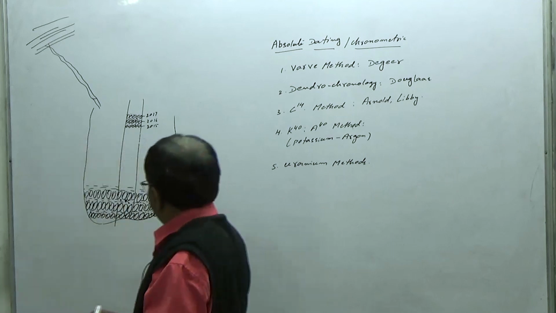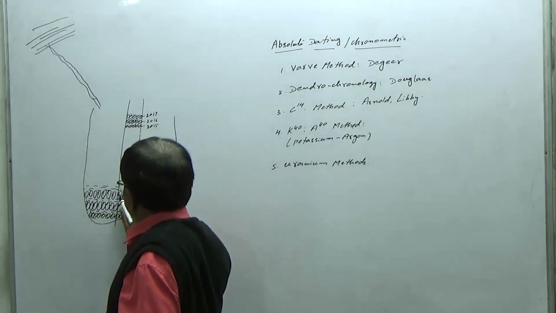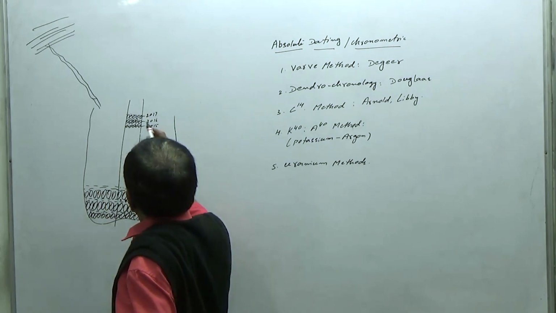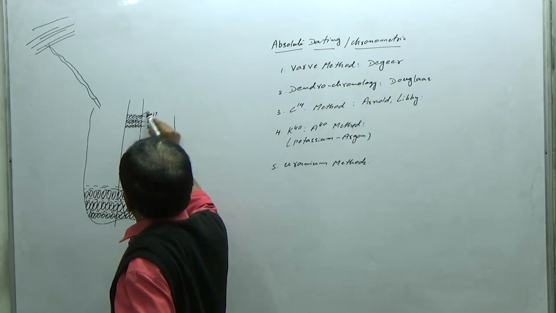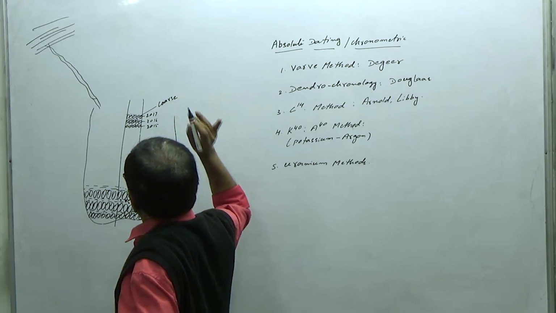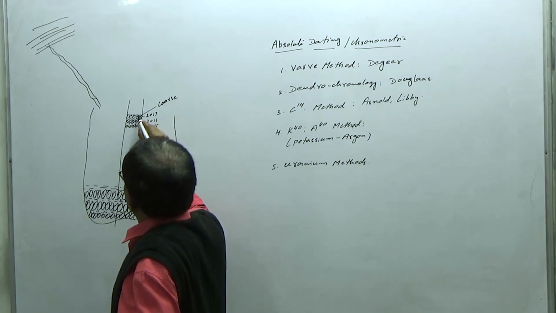Such layers, these two layers: one is a thick layer, another one is a thin layer. This thick layer is known as the coarse layer.